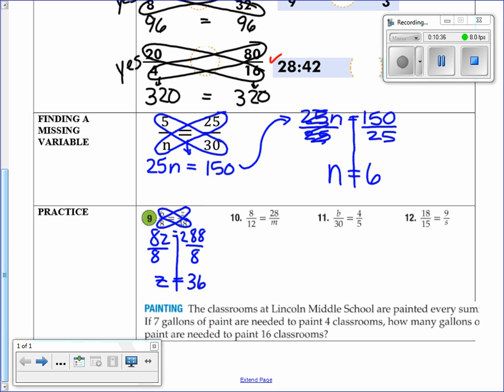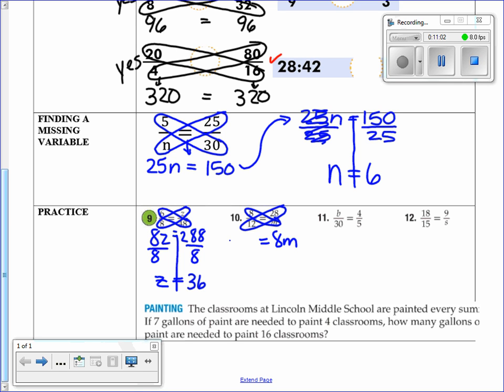Now, I have 8 times M. I write it as 8M. See, it really doesn't matter where the variable is. When you're multiplying a variable and a number together, you just put the two together. That's all you're doing. Bring down my equal sign. 28 times 12.